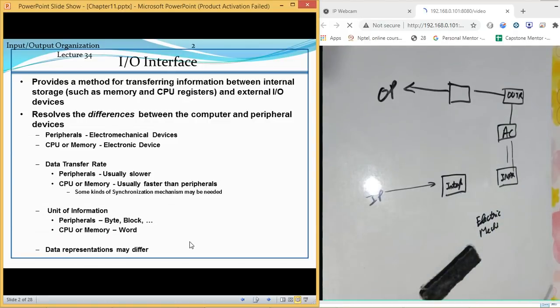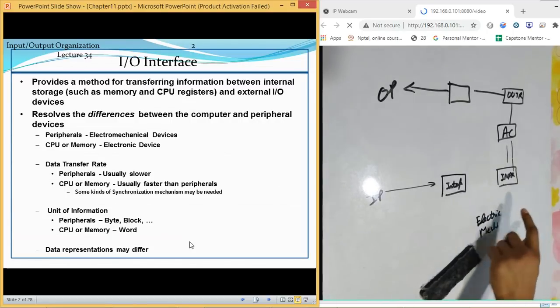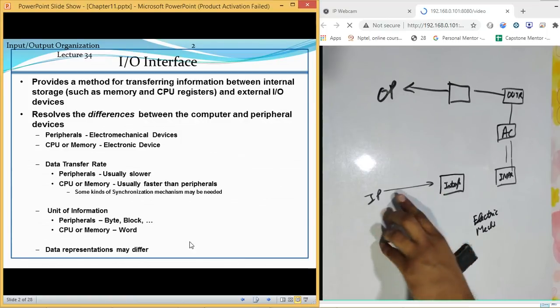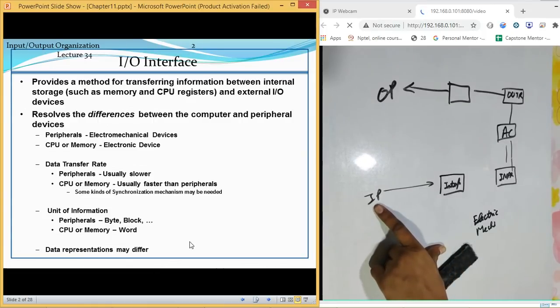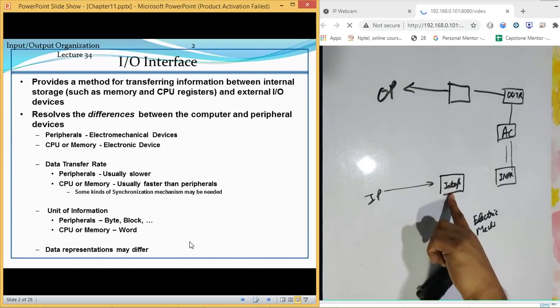Now, let us talk about the units of information, how the information flows. When we are transferring data from an input output device to the register, it will be sent in the form of either a byte or a block. Block is generally in the case of memory, byte is in the form of an input output device, because in an input output device, if you press a single key, it will transfer 1 byte of data. So it is usually sent in the form of bytes or blocks.